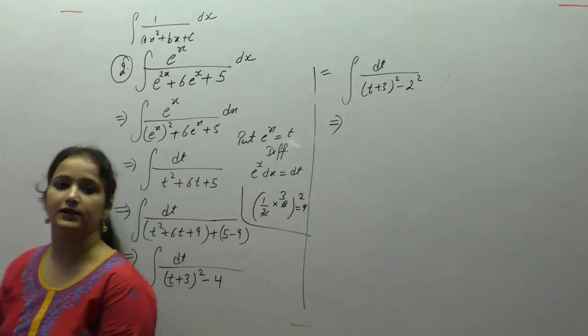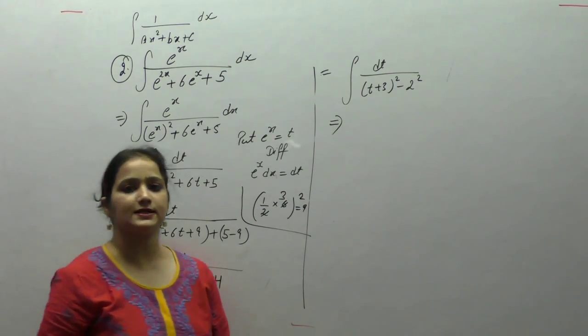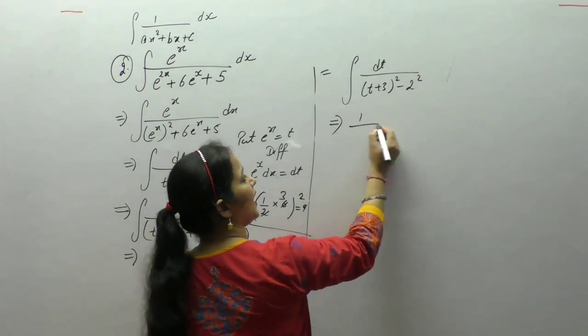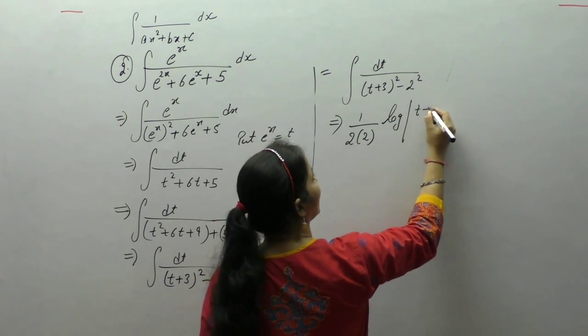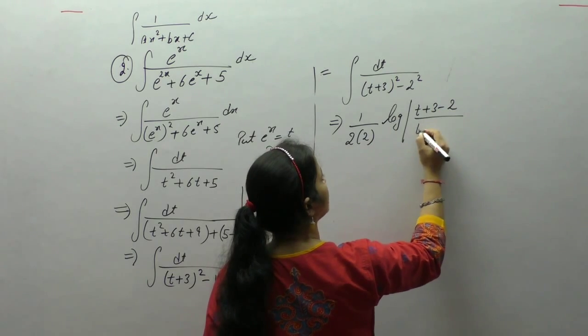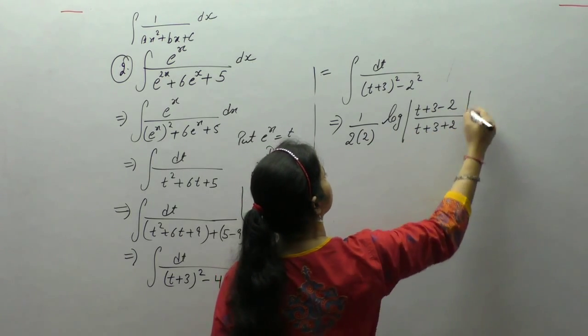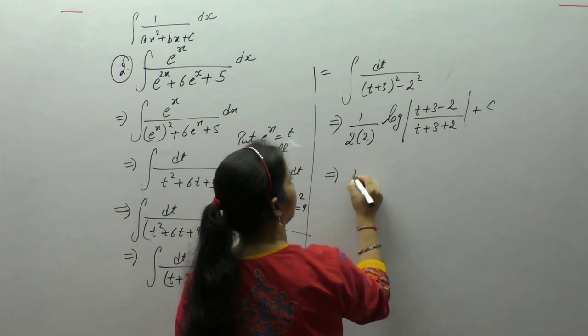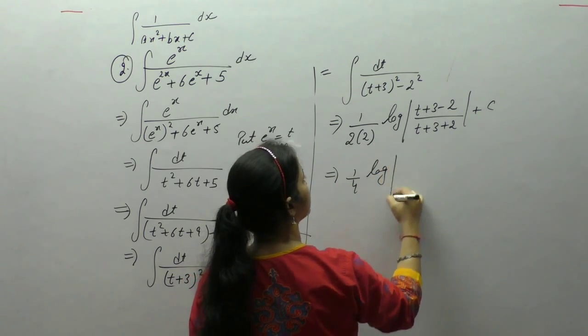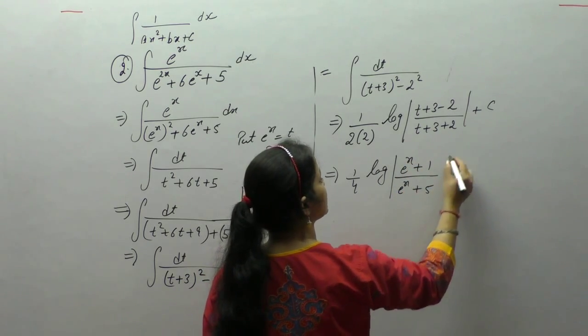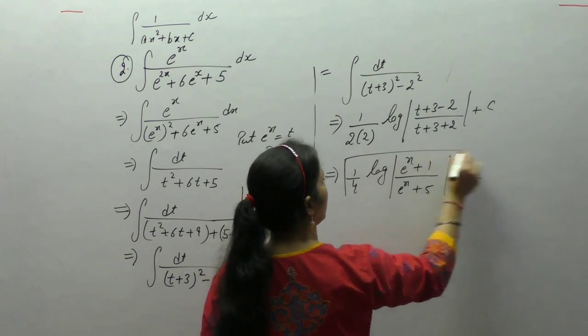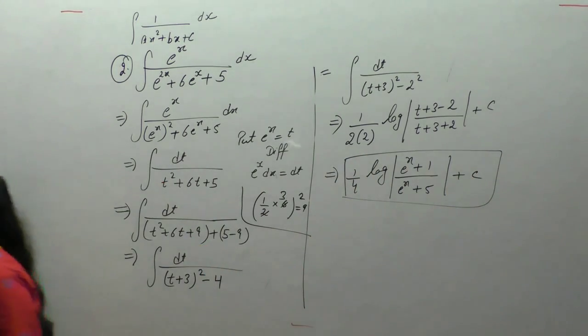The integral of 1 upon x square minus a square is equal to 1 upon 2a log of (x minus a) upon (x plus a). So 1 upon 4. Put the value of t, e power x. 3 minus 2 is 1 and 3 plus 2 is 5. 1 upon 4 log of (e power x plus 1) upon (e power x plus 5), plus c.